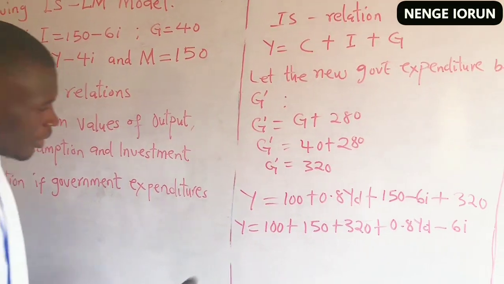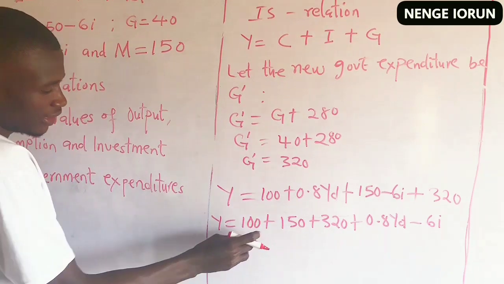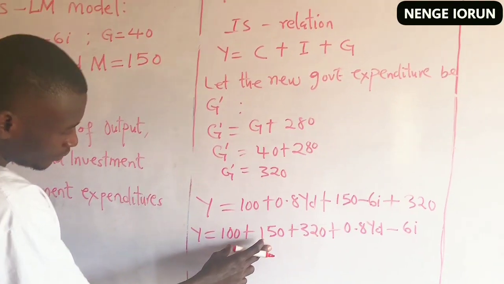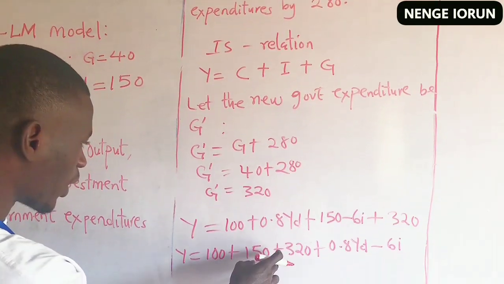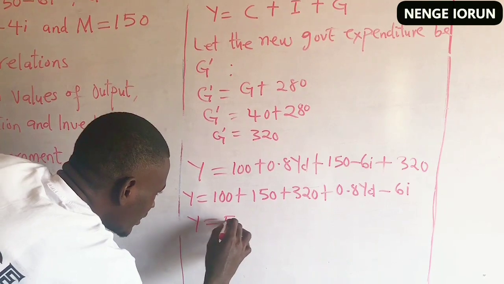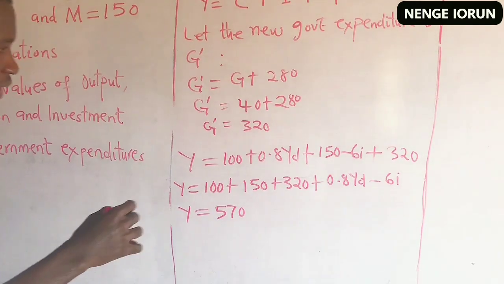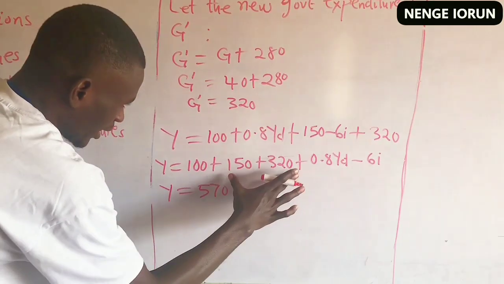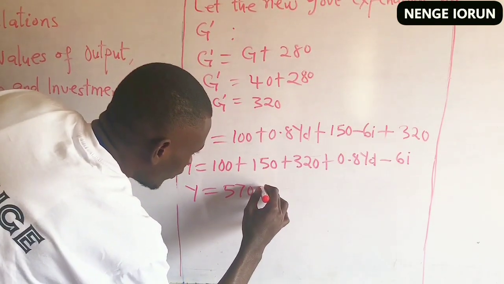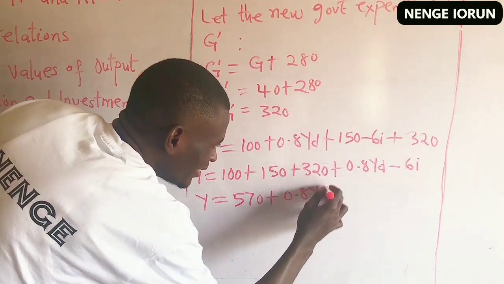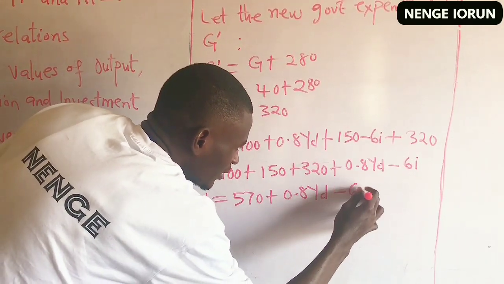So now, we are going to simplify further. 100 plus 150, that is 250. Then 250 plus 320, that is 570. This is the value for the addition of these three figures. Then plus 0.8 YD minus 6i.